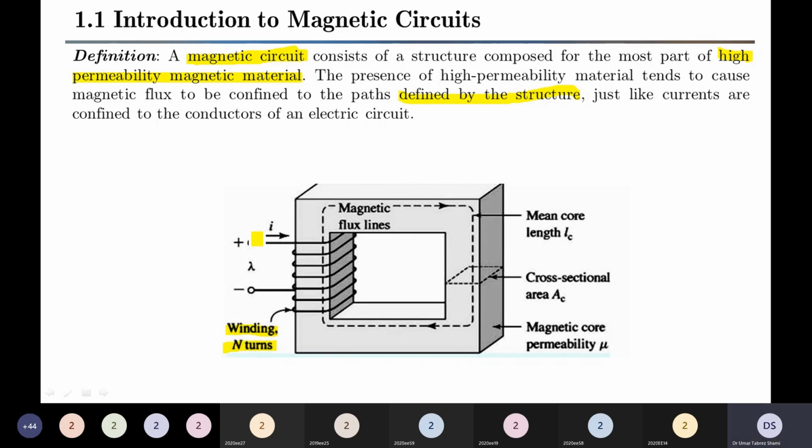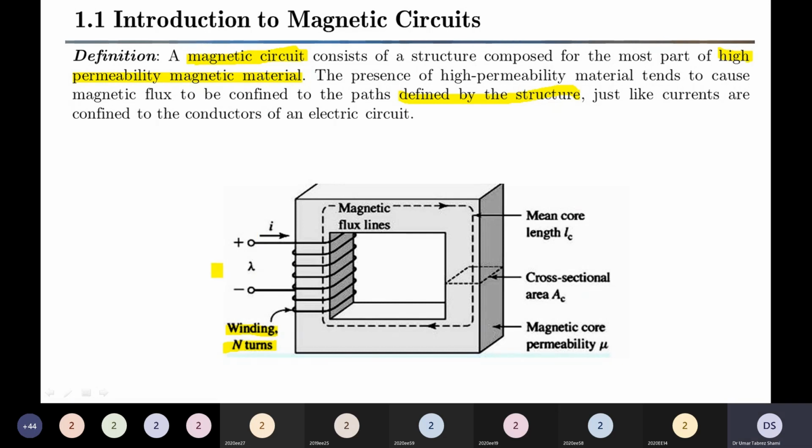The direction of the flux is found using the well-known right hand rule: if the fingers of the right hand curl in the direction of the current, then the thumb indicates the direction of the flux.